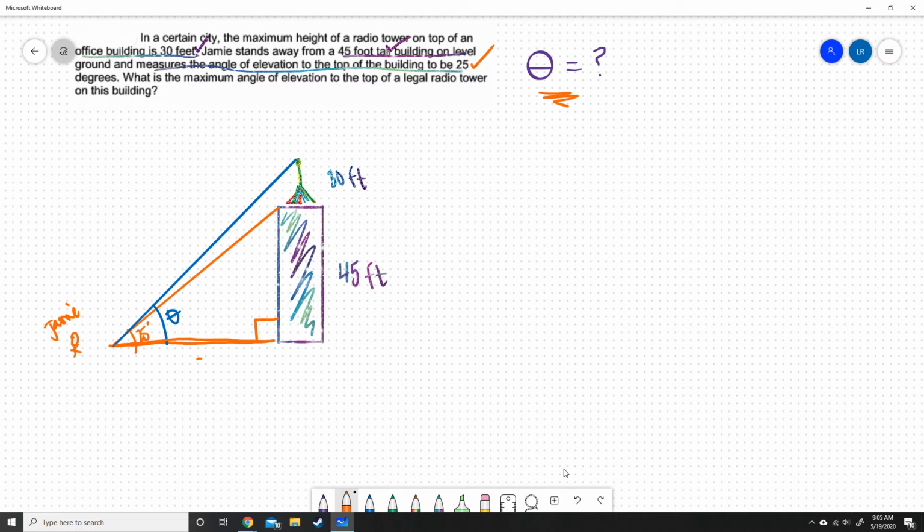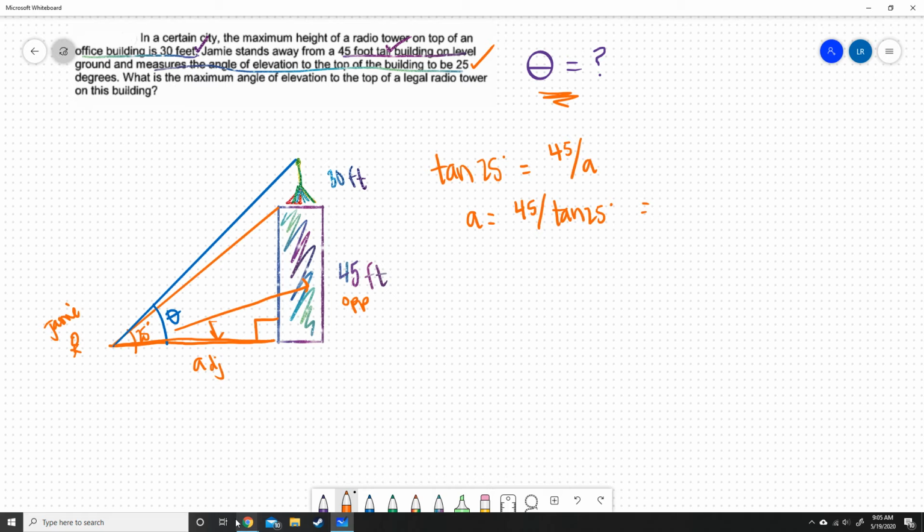I think I could get this side length, because 45 is opposite, and this is adjacent. And so I could use tangent. So tangent of 25 degrees is 45 over A. And if I were to solve that out, A equals 45 divided by tangent of 25 degrees.